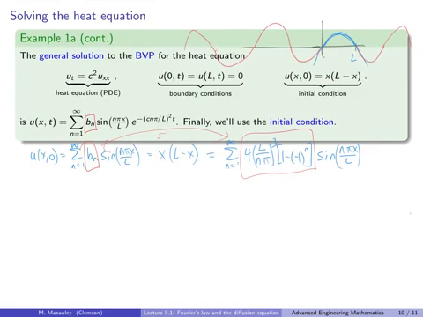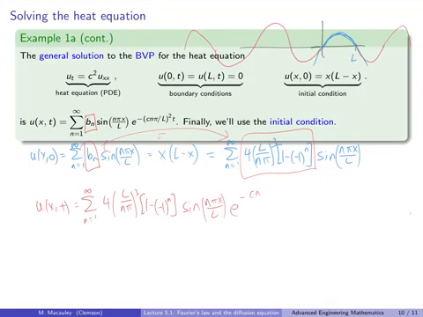So now our general solution, or not our general solution, I should say our particular solution that satisfies the boundary and initial conditions is u of x,t equals the infinite sum from n equals 1 to infinity of 4 times L over n pi cubed times 1 minus negative 1 to the n times sine of n pi x over L times e to the minus c n pi over L squared times t.